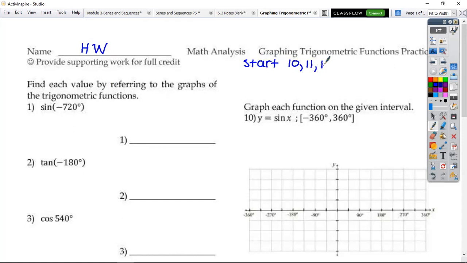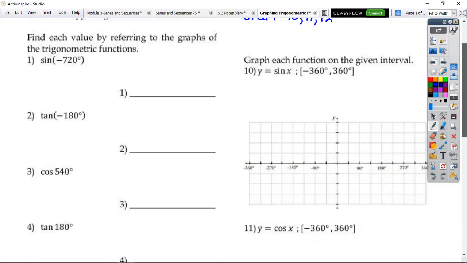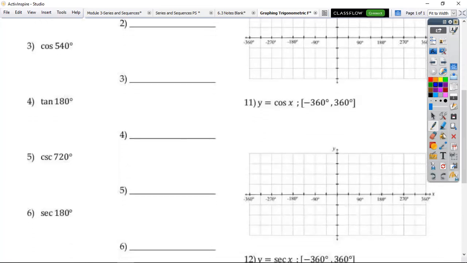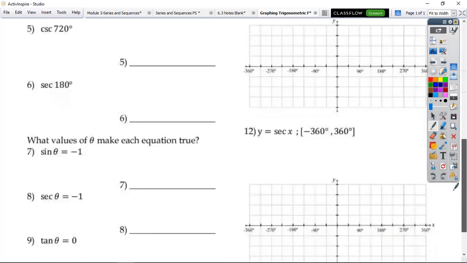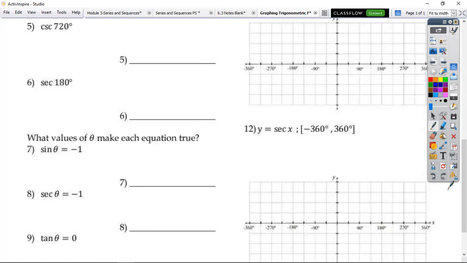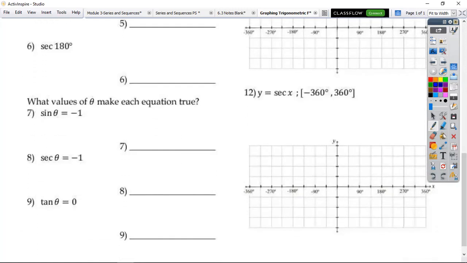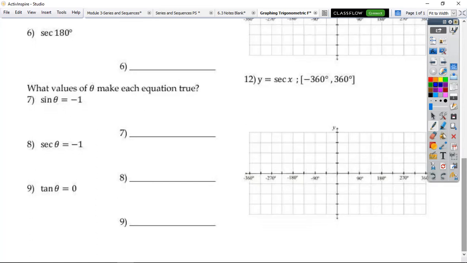And anything I didn't make you graph on this sheet, you're graphing the sine curve so you can get those answers, graphing a cosine curve, graphing a secant curve. So once you have your secant graph, the secant of 180 right here, all you have to do is look at the graph and see what value that gives you. Same thing with 7, 8, and 9. So refer to your pictures. These answers on the left-hand side don't require any work.